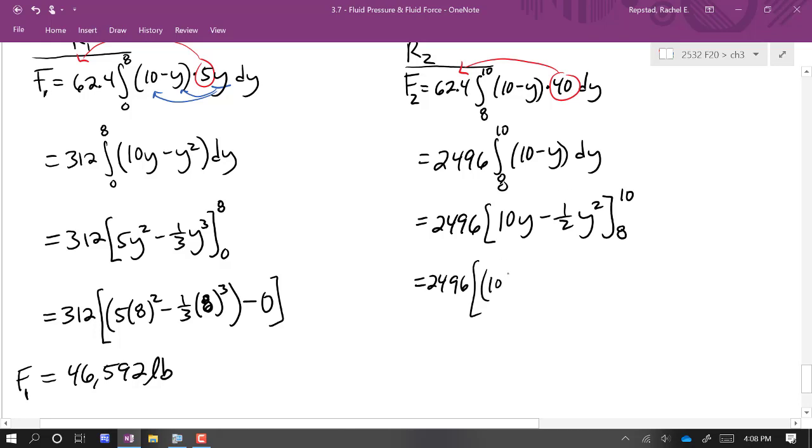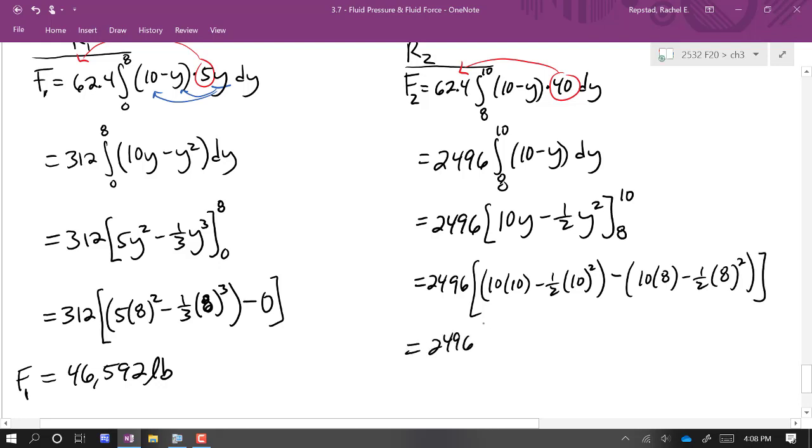Plug in our limits. For the first one, we can do that mentally: 100 minus half of 100 gives us 50.